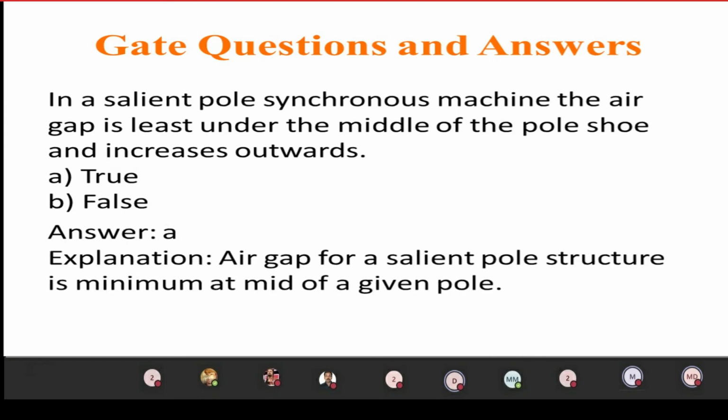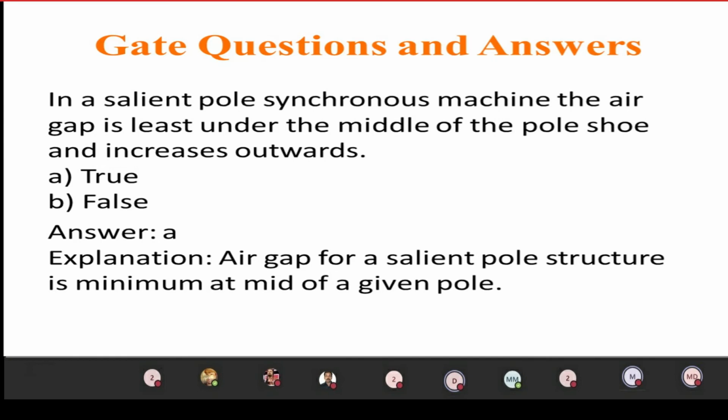This is the answer: the air gap of a salient pole structure is minimum at the middle of the pole. The synchronous machine has two different rotor types, mainly salient and non-salient. In the salient type alternator, the air gap is not uniform, but it is designed in a sinusoidal manner.